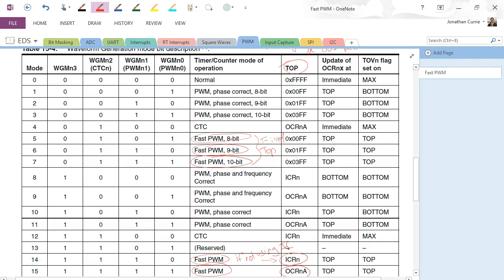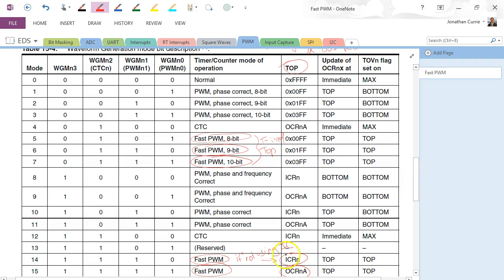So if you're not using the input capture on this timer, then feel free to use ICR1 as the top value. It's generally only recommended if you are using a fixed PWM frequency. If you're going to be modifying it a lot, it's much better to use OCR1A and then use one of the channels B or C to be able to control the corresponding duty cycle.